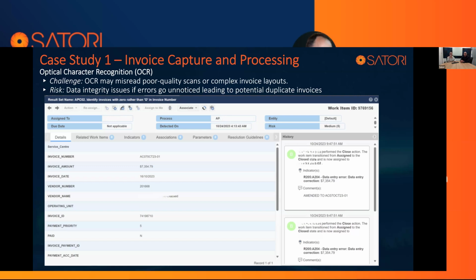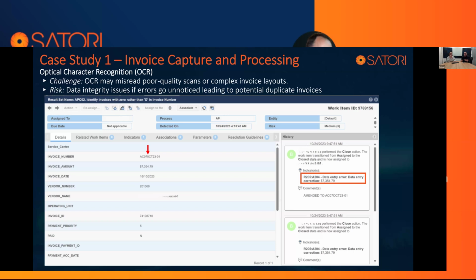One of the examples here is to specifically look for zeros instead of O's in the invoice number. That was a typical issue for one of our customers, and they wanted to have a separate test on that. You can see that the invoice number was picked up as 0CT in the middle of the invoice instead of October.